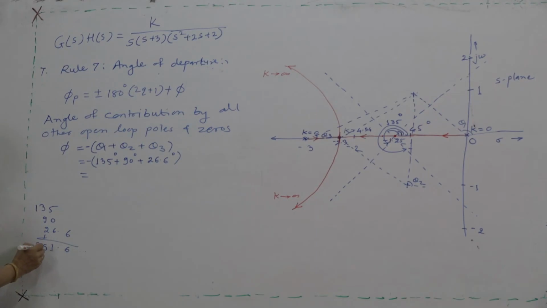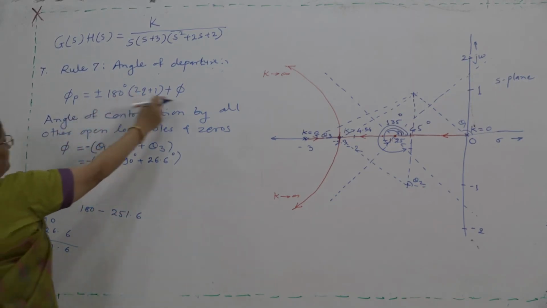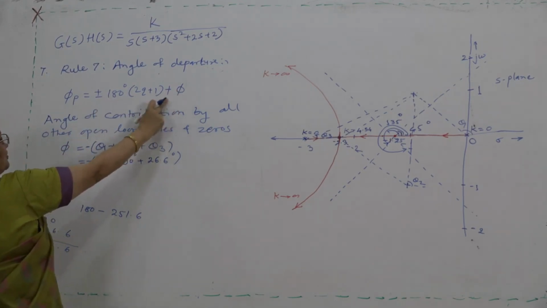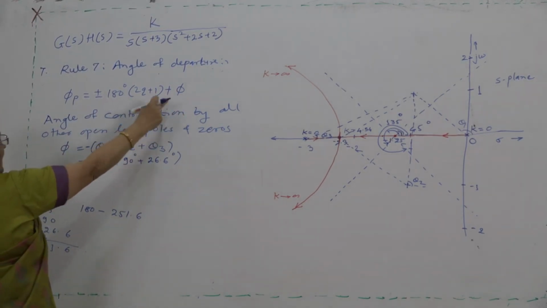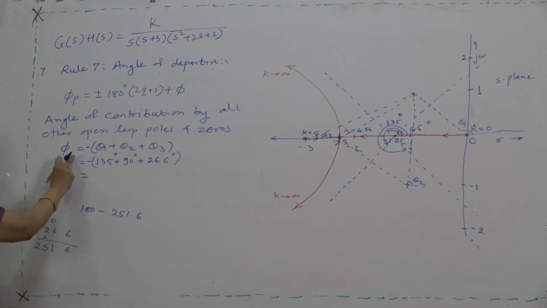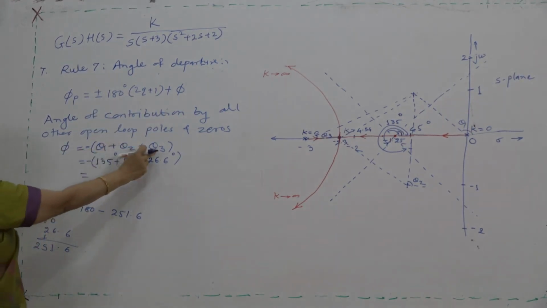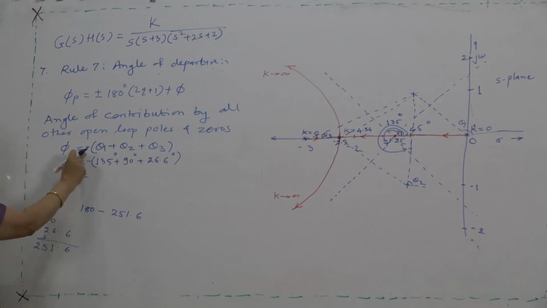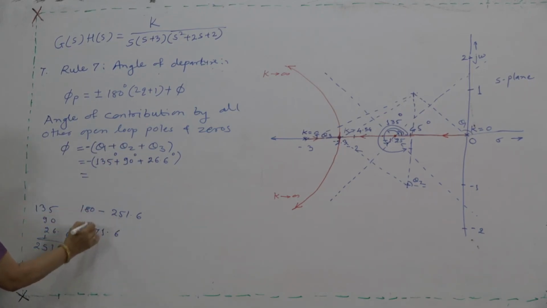So, I will rub this now. What will you get here? 135, 90, 26.6. So, the sum is 251.6. Then 180 minus 251.6.